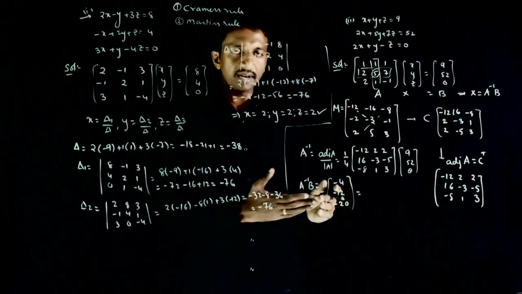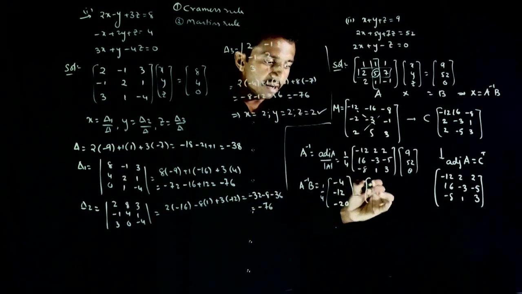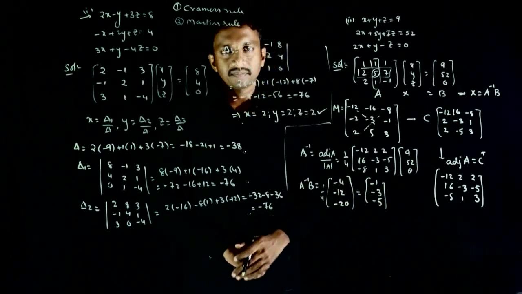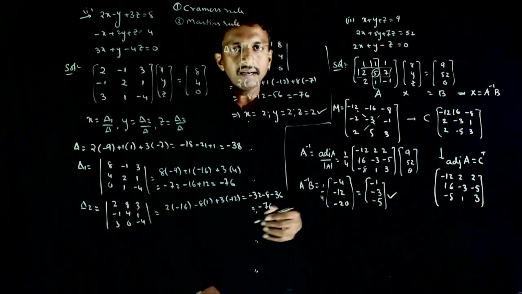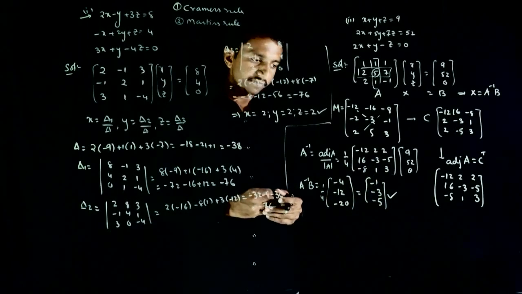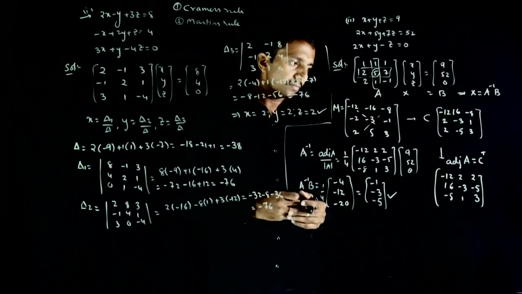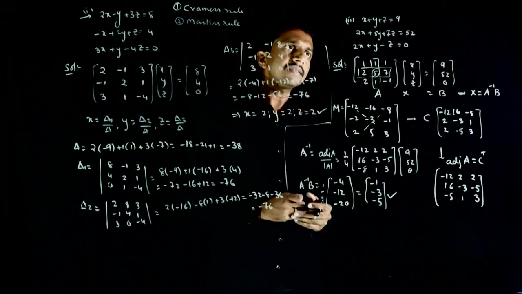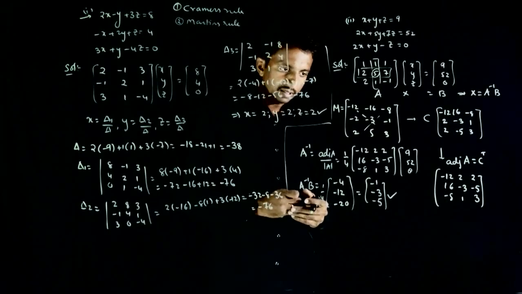That is equal to 1/4 से multiply कर लीजिए, get minus 1, minus 3, minus 5. So these are the values of x, y and z. So x is minus 1, y is minus 3 and z is minus 5.